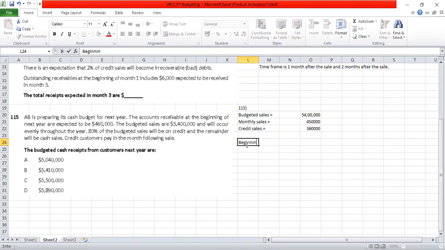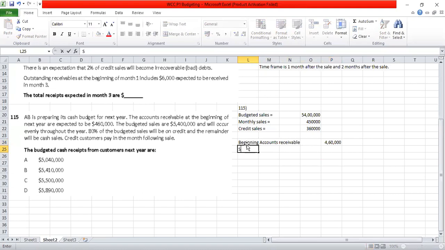Beginning accounts receivable will definitely be collected during the year, which is 460,000.